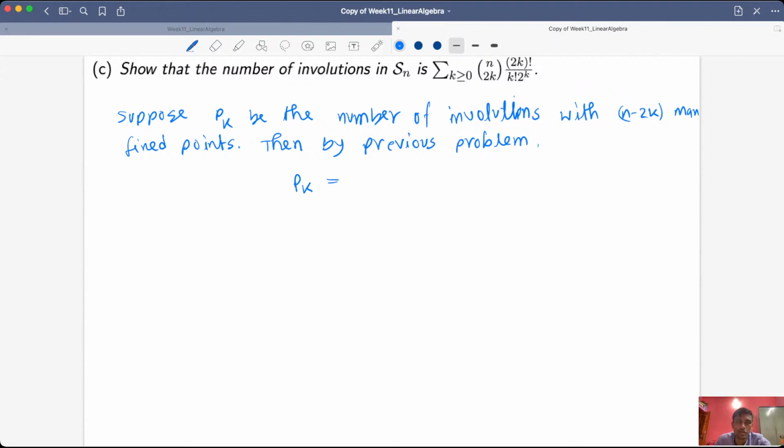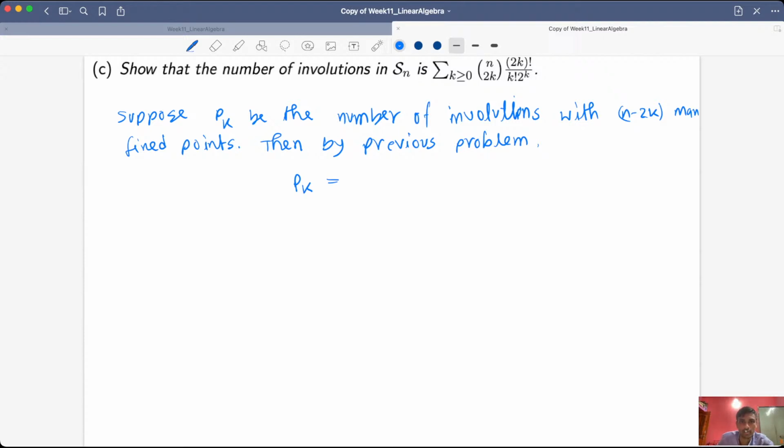This n choose 2k comes because I can choose the 2k elements which will not be fixed by that involution from the n elements in n choose 2k ways.